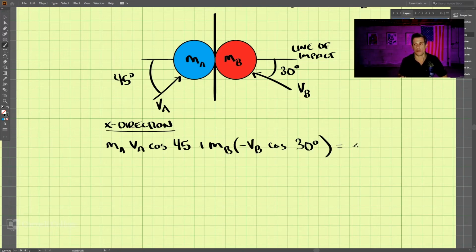And then the right-hand side, we would have MA VA2 in the X, plus MB VB2 in the X direction. And then we could do the same for the Y direction as well, using our cosines and sines here to do conservation of momentum in the Y direction. So that will give us two equations that we can solve the problem with.